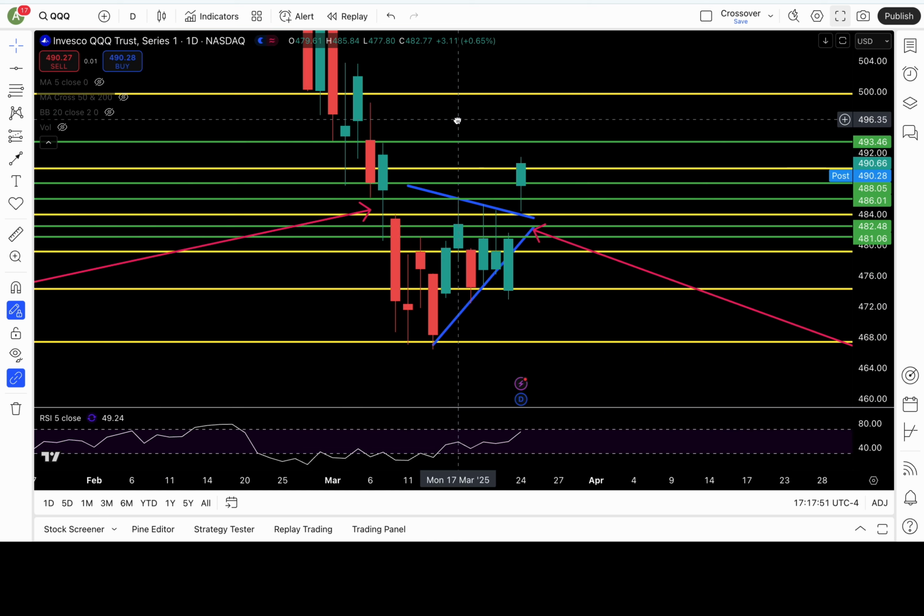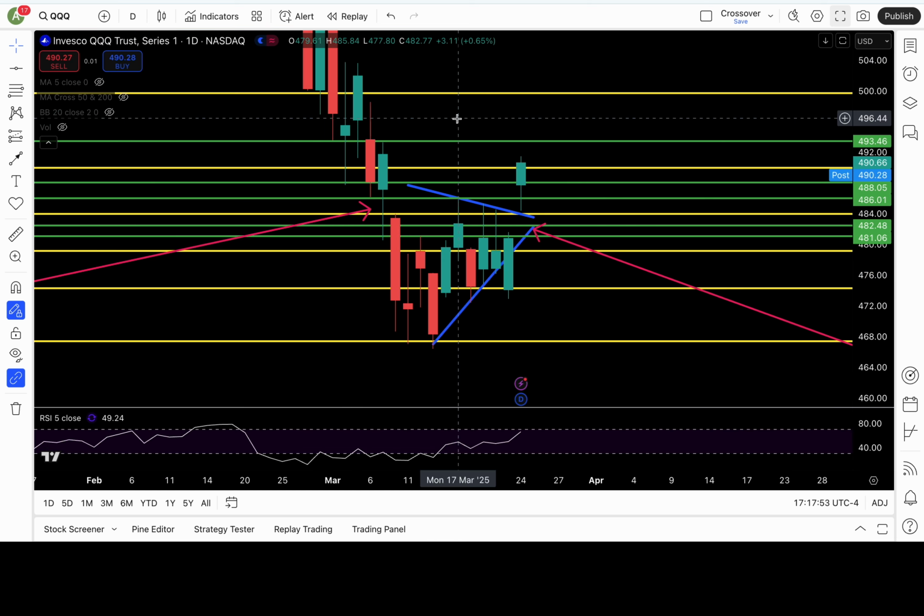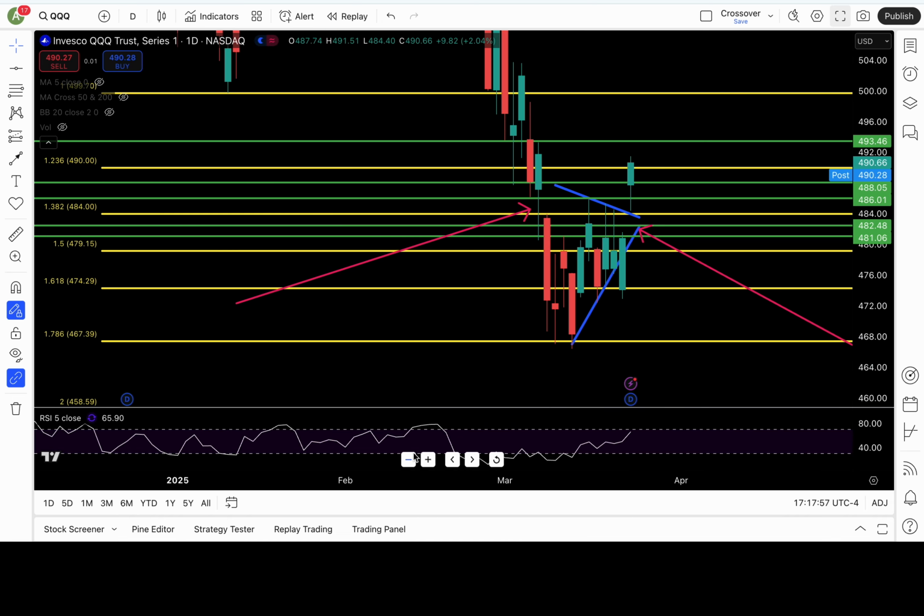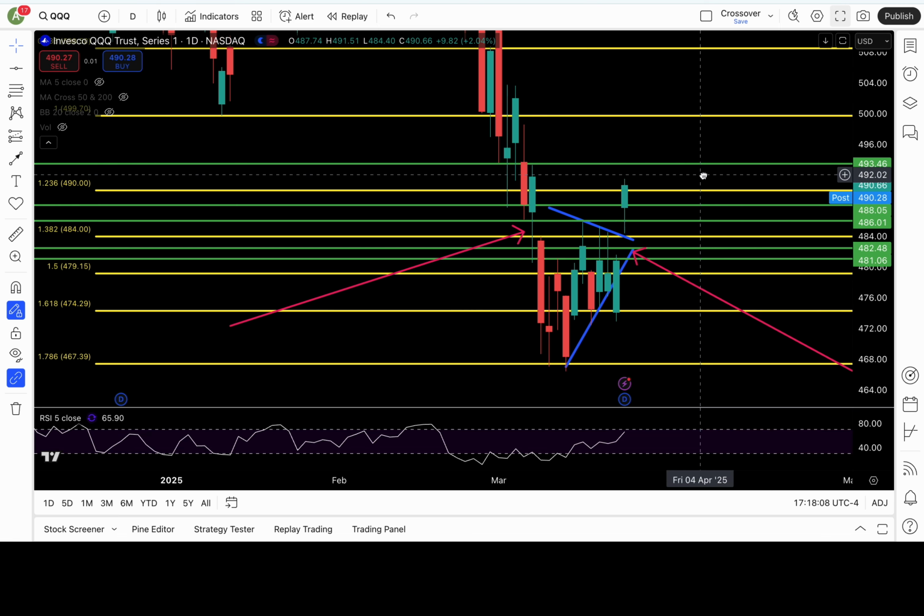Triple Q also has an island reversal, a bullish one. Okay, guys? Remember, what invalidates this pattern is when price attempts the gap fill and goes for the gap fill successfully. Invalidated. But right now, all we can do is go on the context that's given to us. Island reversal. We also cleared the 490 fib level, okay?